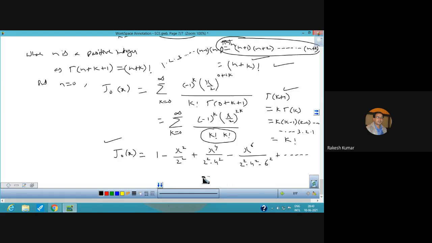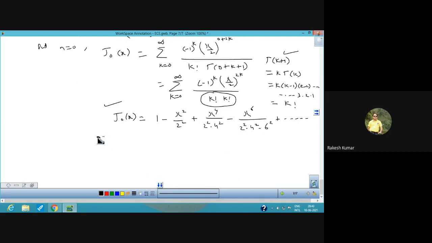In the similar way, we can also find out j1x by putting n is equal to 1. You will have j1x, and this value will be summation k 0 to infinity, minus 1 raised to power k, x upon 2 raised to power 1 plus 2k, and it is k factorial, and this is gamma k plus 1, that was also k factorial.